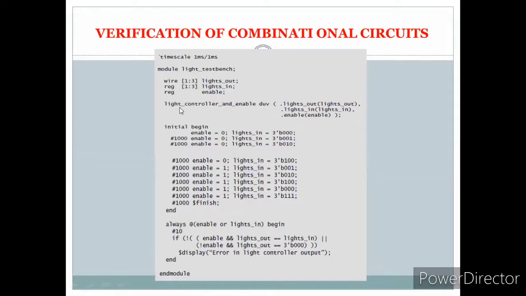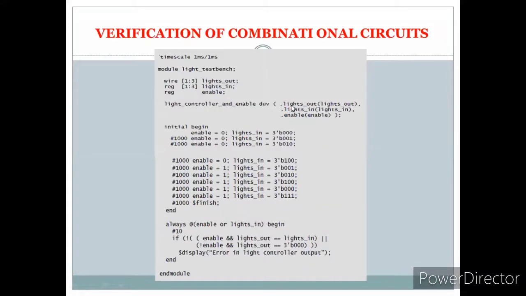This is the model which we are calling. Once we call this, whatever inputs are present, the same number of inputs will be used in the wires and registers. The output we have in the design under verification acts like a wire. Whichever inputs are there act like registers.